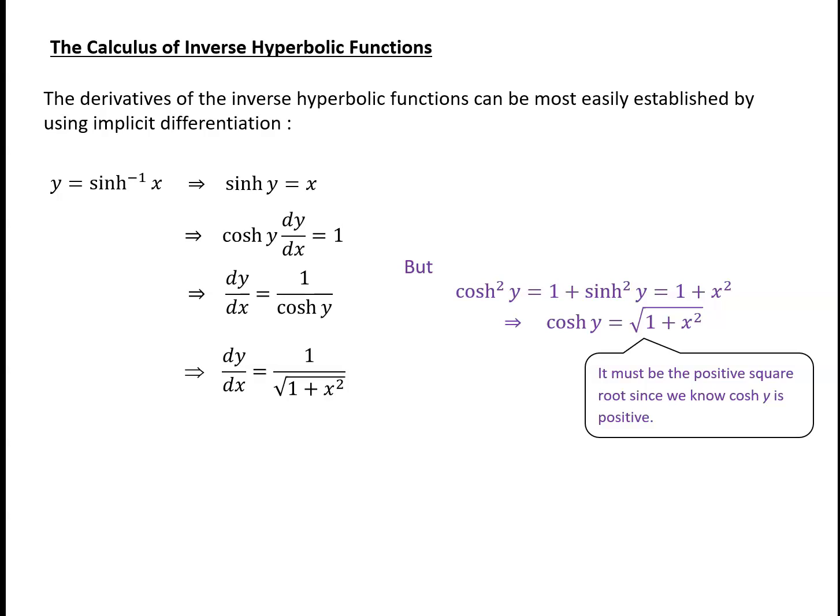So if we've got y equals sinh to the minus 1 of x, then dy by dx is 1 over root of 1 plus x squared. So that's our first differentiation result for an inverse hyperbolic function.